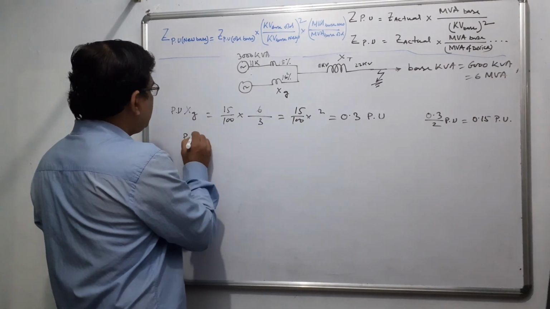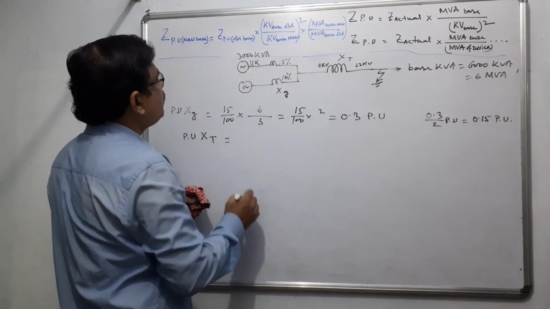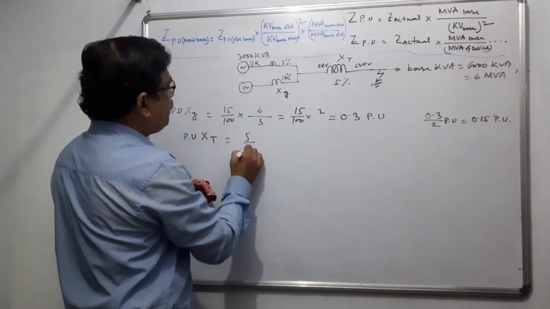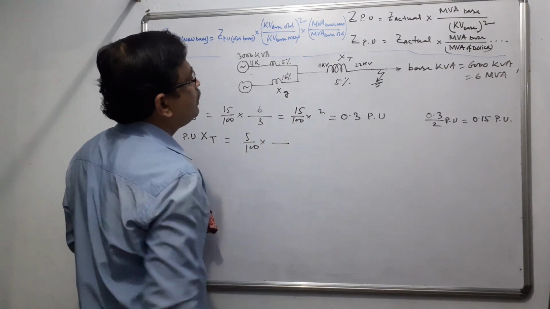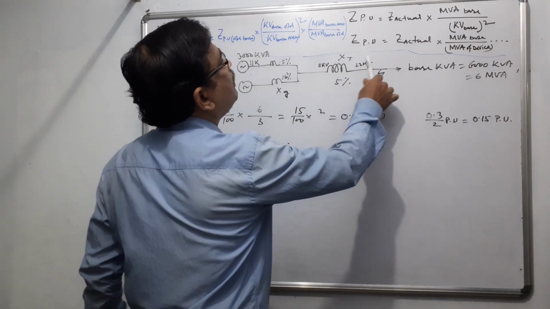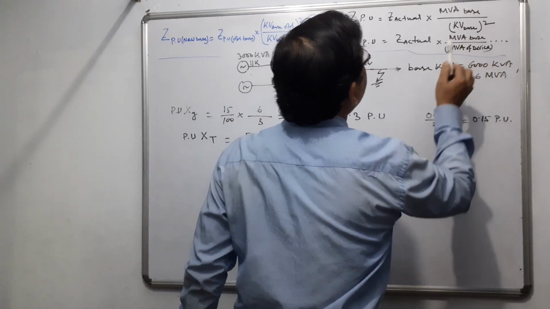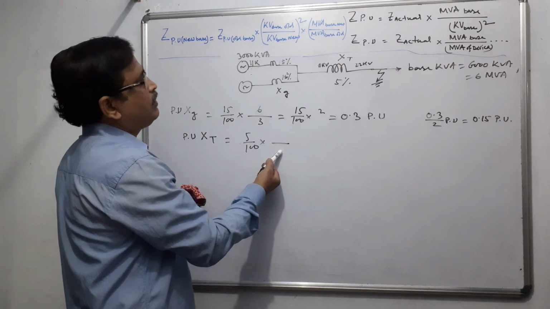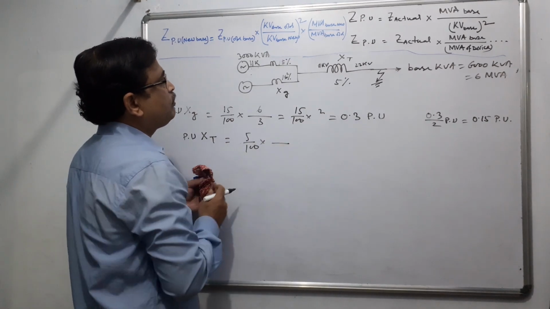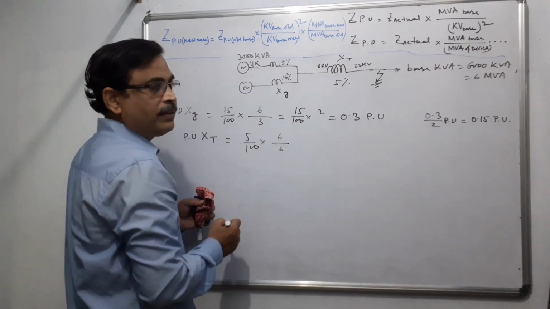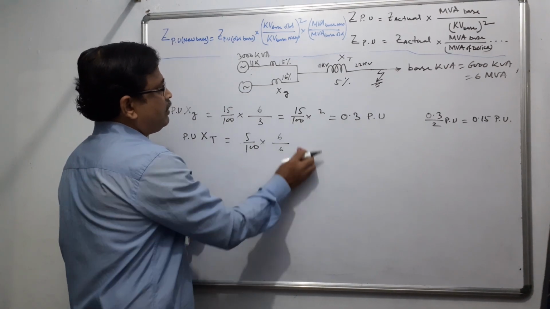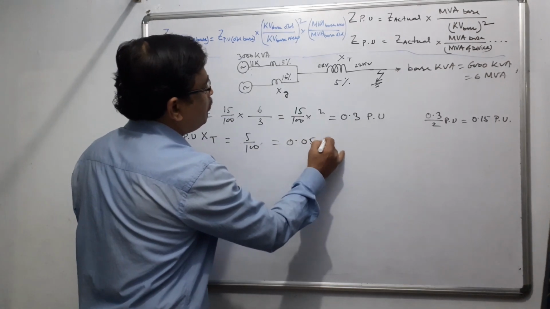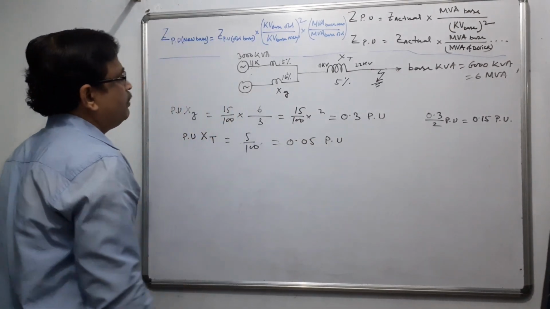And the per unit reactance of the transformer is 5%, that means 5 by 100 into base kVA 6000 over its own kVA, which is also 6000, so the ratio is 1 and no need to calculate. Its value will be 0.05 per unit.